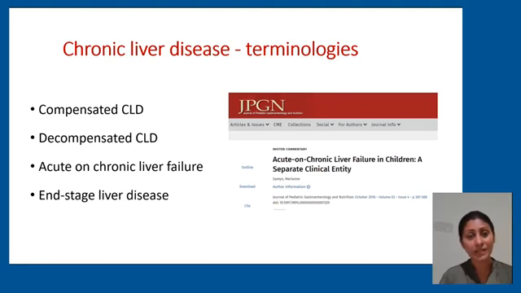However, in acute on chronic liver failure, usually in Wilson disease or autoimmune liver disease, they get an infective trigger and suddenly come with the picture of acute liver failure. However, when you look back, there are signs of chronicity. So that is ACLF. End-stage liver disease, the terminal stage of the liver disease, may be interchangeable with decompensated chronic liver cell disease.